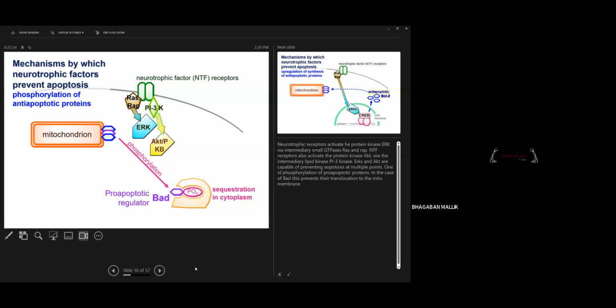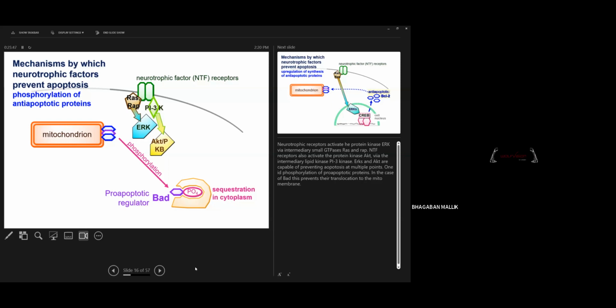Okay, when this gets activated, protein kinase B phosphorylates BAD protein. Basically, BAD is a pro-apoptotic regulator. If BAD is recruited to the mitochondrial membrane, it can form pores, it can permeabilize the outer membrane. Then you have release of cytochrome C from the intermembrane space to the cytoplasm, which can make a complex with APAF1.